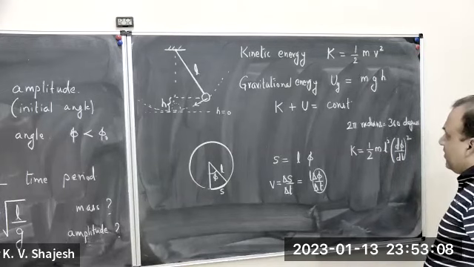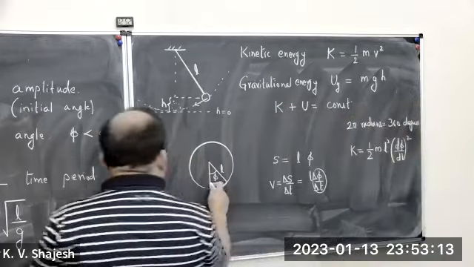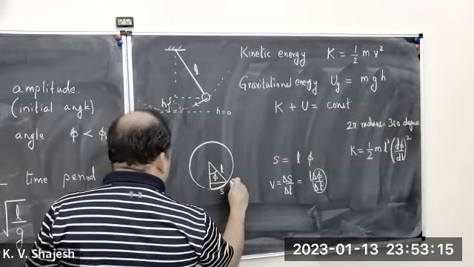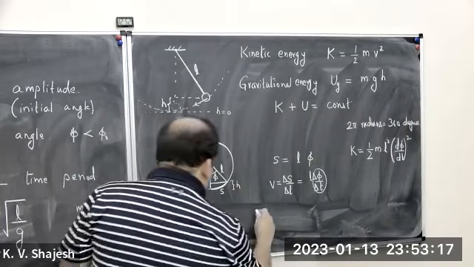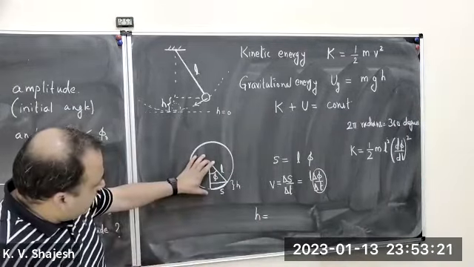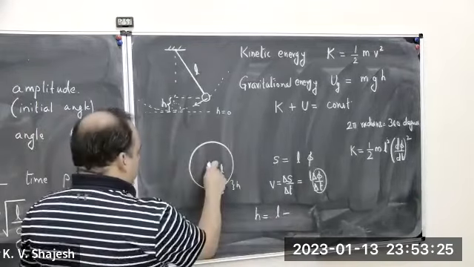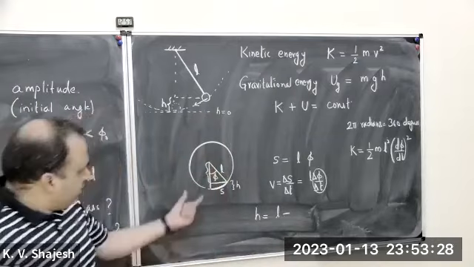What is the height h here? Similarly, what is the amount you have dropped down here? So that's your height h. H comes out to be equal to, the total height is the length L itself, and you have to subtract out this quantity using the right triangle.